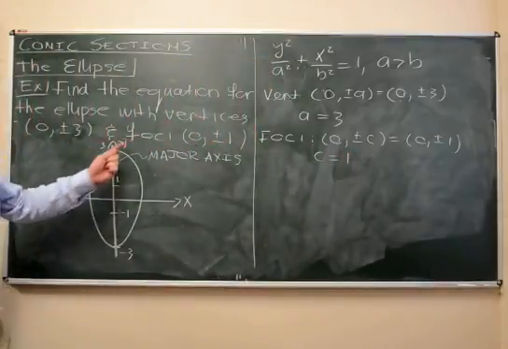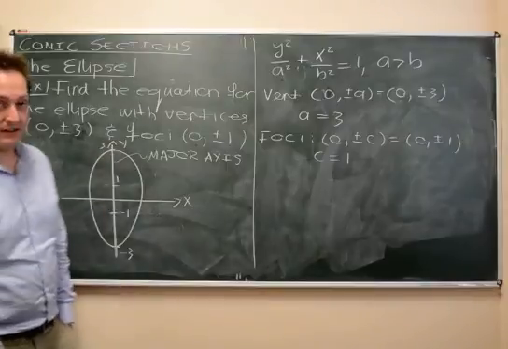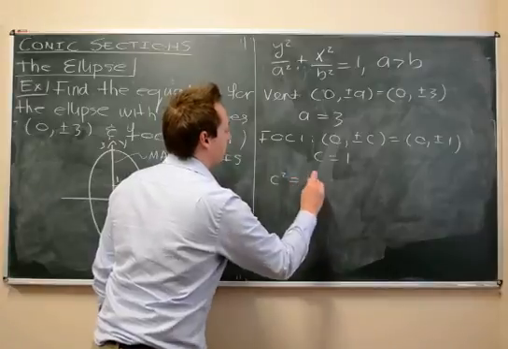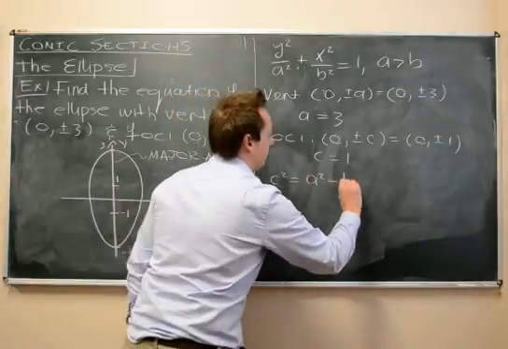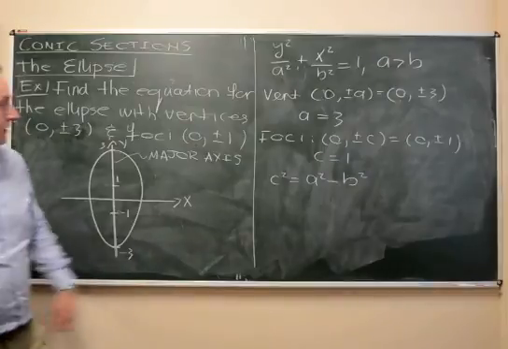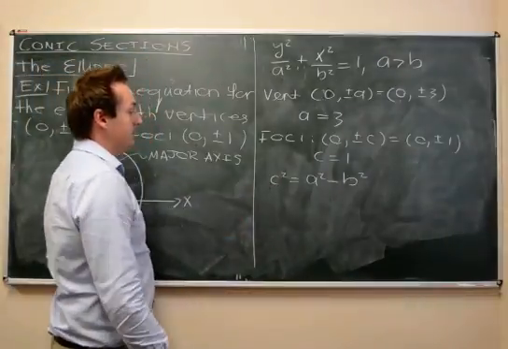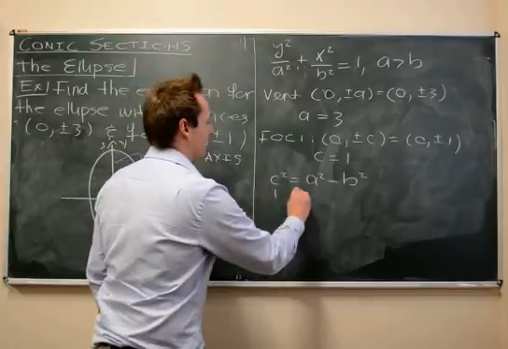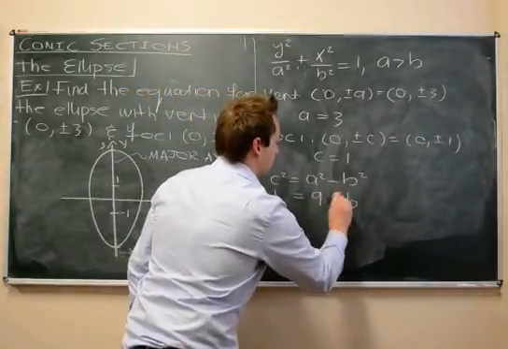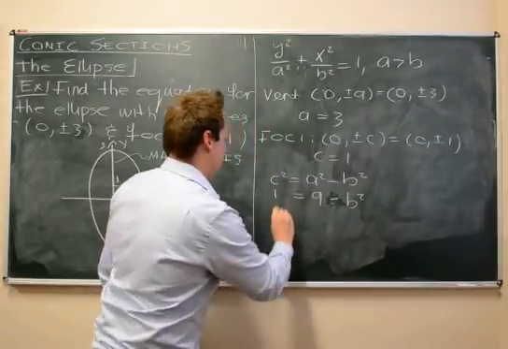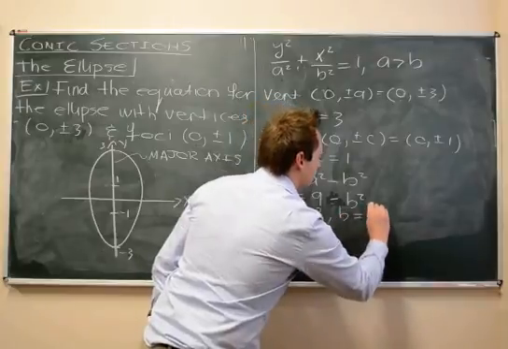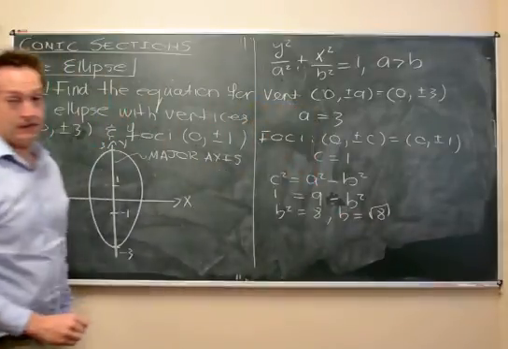And now the relationship between a, b, and c is c squared is a squared minus b squared. So in this case, our c squared is 1, our a squared is 9, and we get b squared is 8, hence b is root 8.